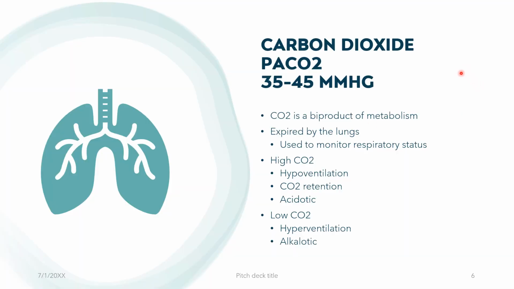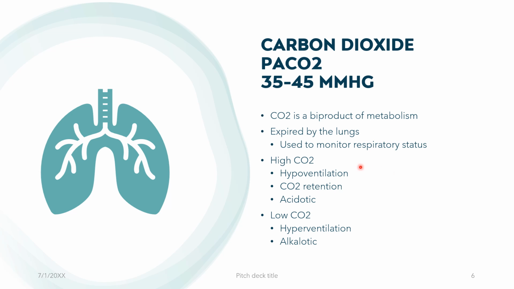So then we're going to look at our carbon dioxide. Carbon dioxide is from our lungs. It should be lower in an arterial blood gas. It might be a little higher in a venous blood gas, because in our veins is where we're carrying CO2 from our cells back to our lungs to be expired. So again, expired by the lungs.